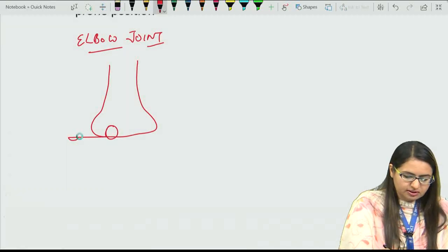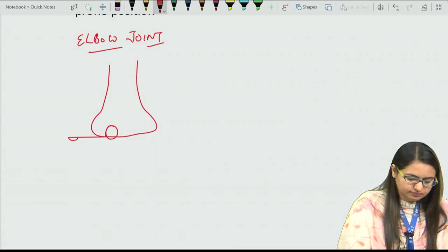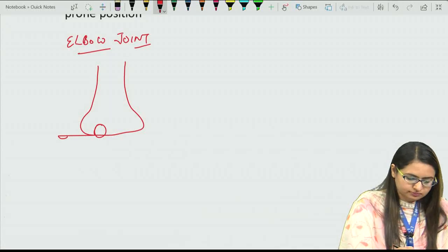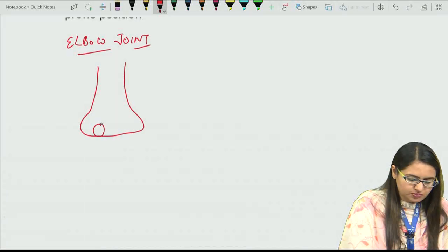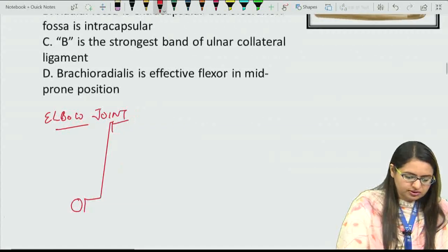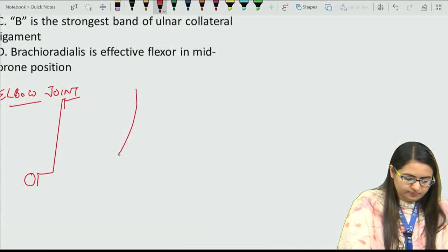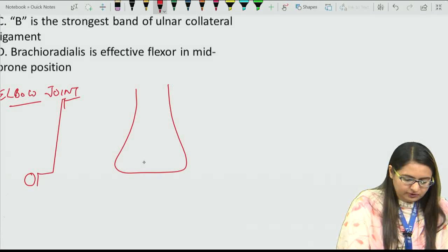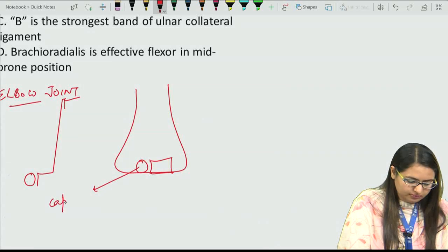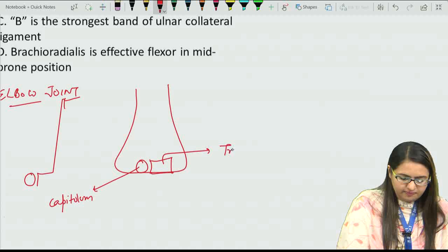The capitulum is a round structure, and a dumbbell shaped structure over here is the trochlea. So this is the capitulum and this structure is the trochlea.